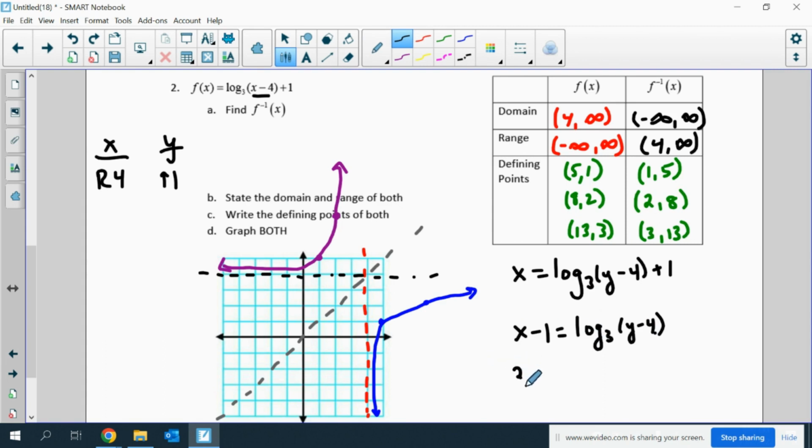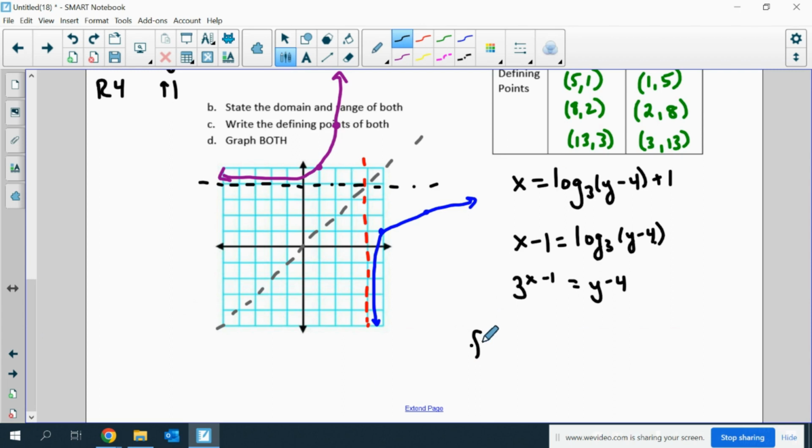I will take 3 to the power of both sides. So that gets rid of the log on this side. And then we will solve for f inverse by adding 4. So I have 3 to the x minus 1 plus 4. And notice that's exactly what this purple graph looks like.